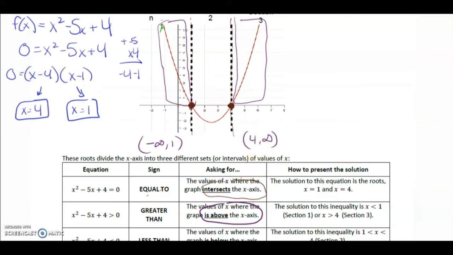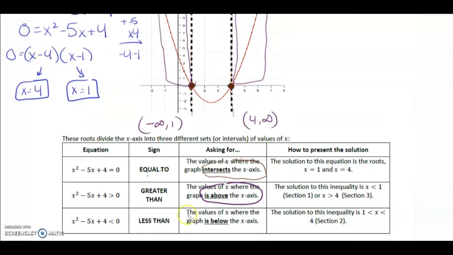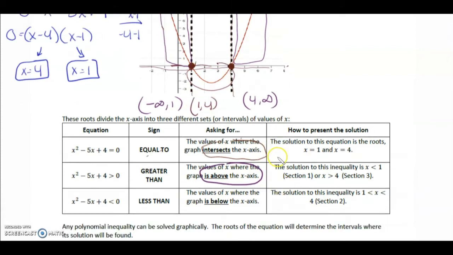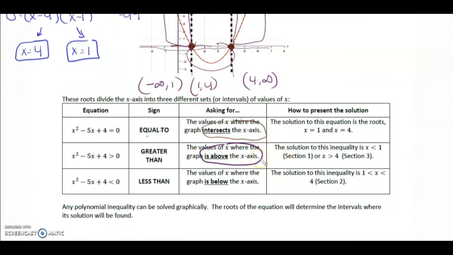And if we are thinking about f of x when it's less than 0, when we're looking at the x-axis here, it's below the x-axis. So in this case, from 1 to 4. Any polynomial inequality can be solved graphically. The roots of the equation will determine the intervals where its solution will be found.